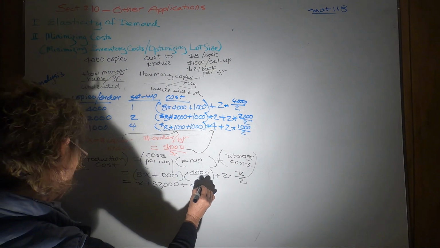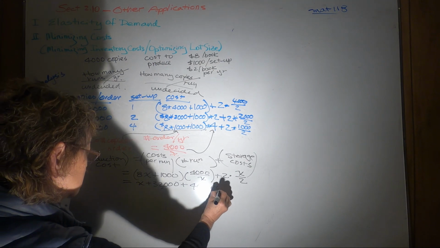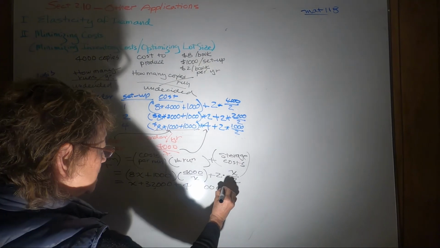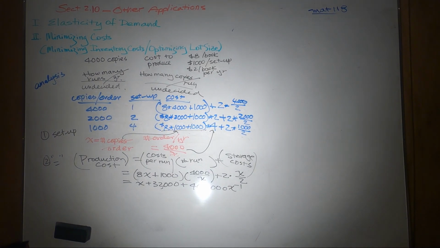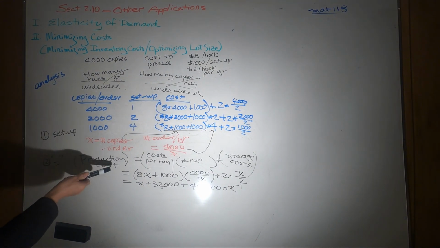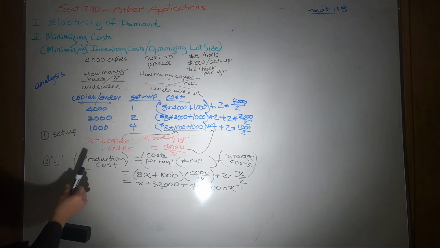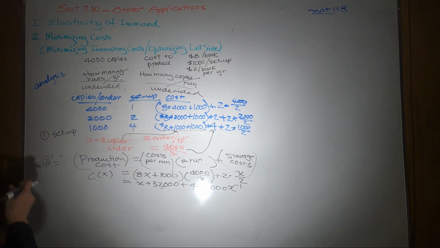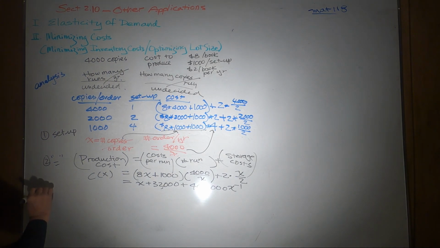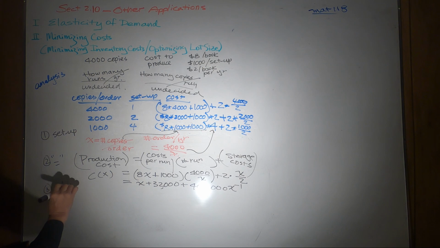Plus 4,000, change that to X minus 1. Right? So first you set up things you need. Second one, write your equation, which is the cost function. Then we will solve it, right?